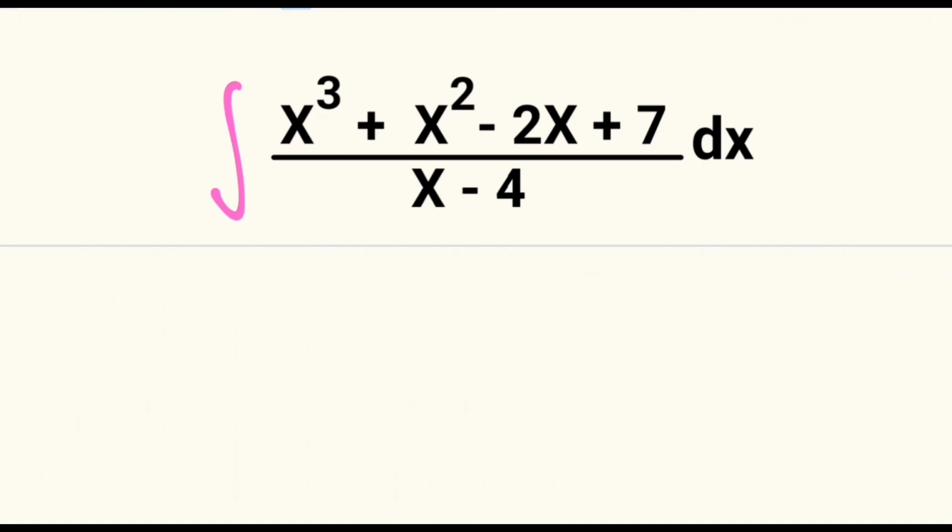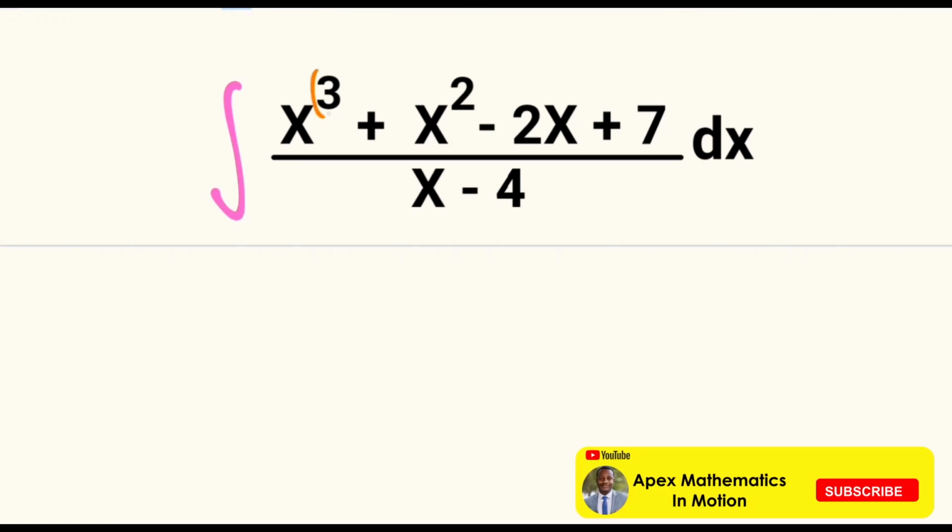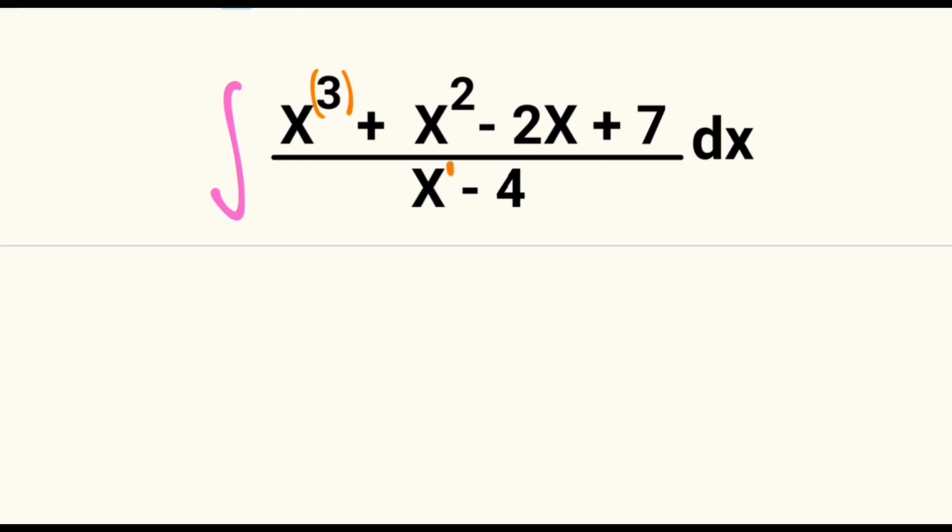For our second question, we have to integrate x cubed plus x squared minus 2x plus 7 divided by x minus 4, and since the power in the numerator is greater than the power in the denominator, we apply the long division method to simplify the integrand before we can integrate.